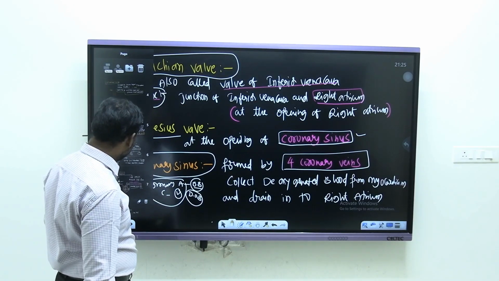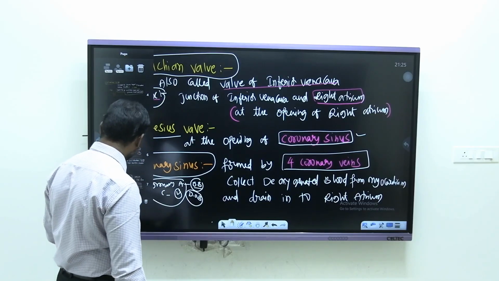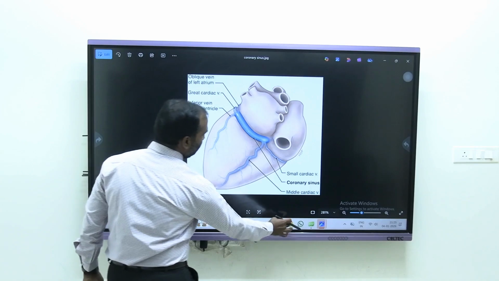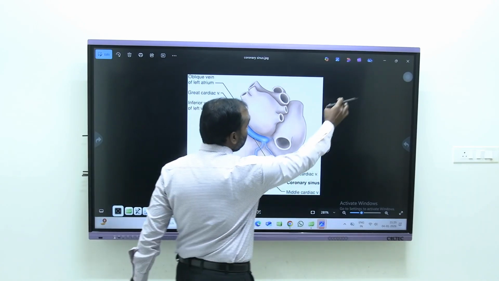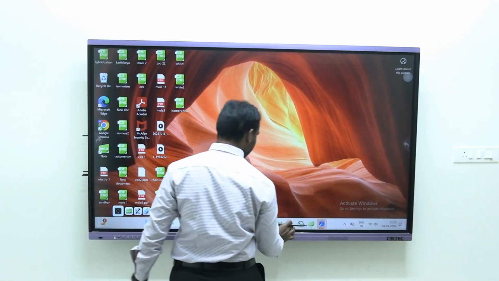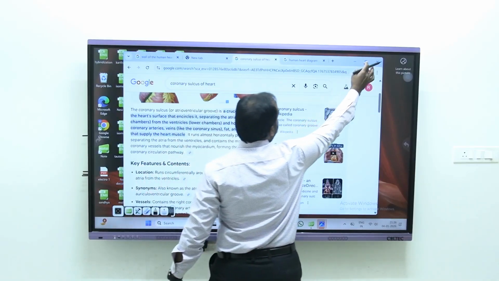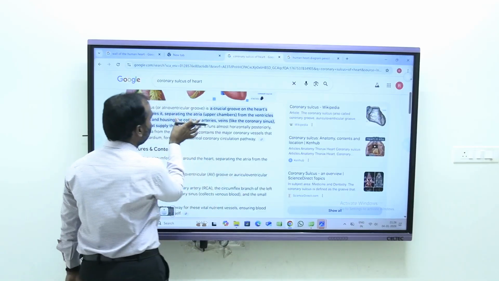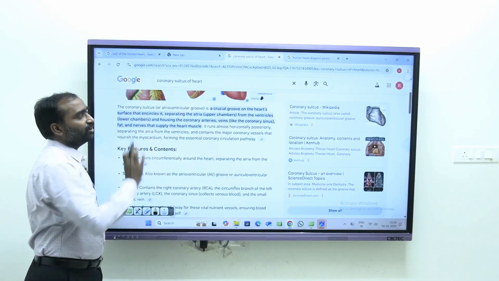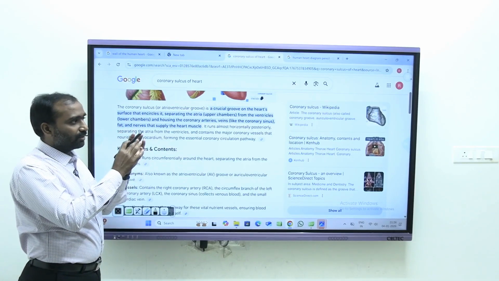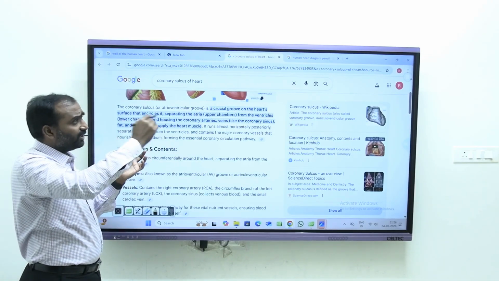And one more is the coronary sulcus. Okay, then as I told you, the differences now, if you check, coronary sinus and coronary sulcus. So here the coronary sulcus is nothing but the atrioventricular groove. A groove is nothing but a small elevation or depression in appearance.